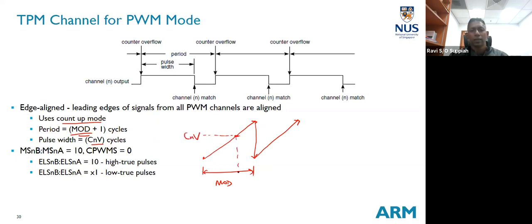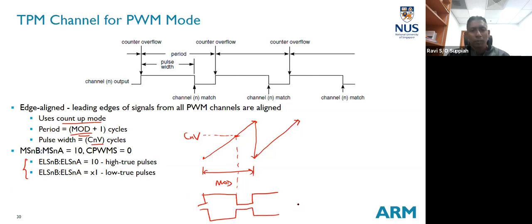So the register configurations here will determine whether I have high true pulses or low true pulses. That means, is my waveform going to look like this, or is it going to look like this?